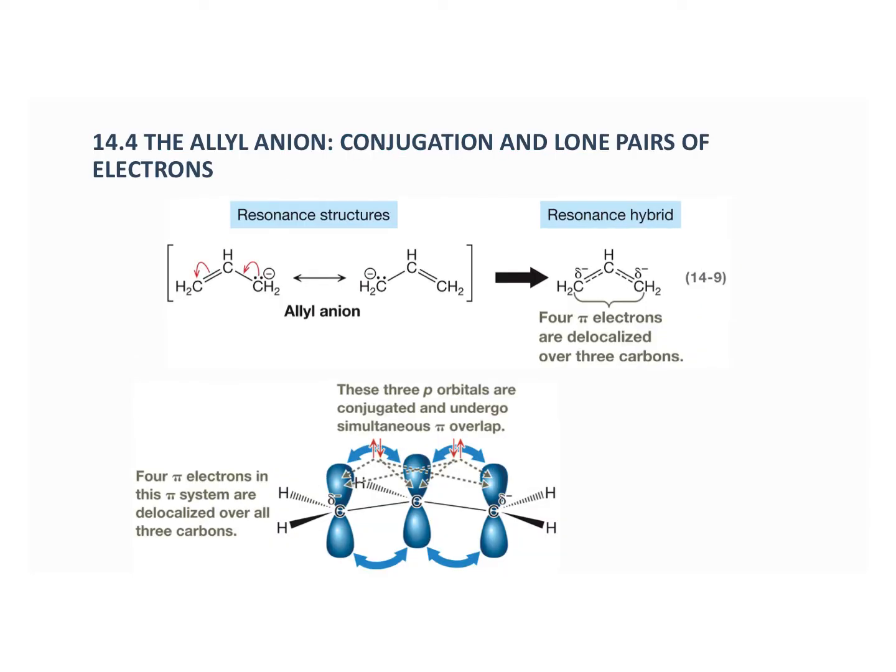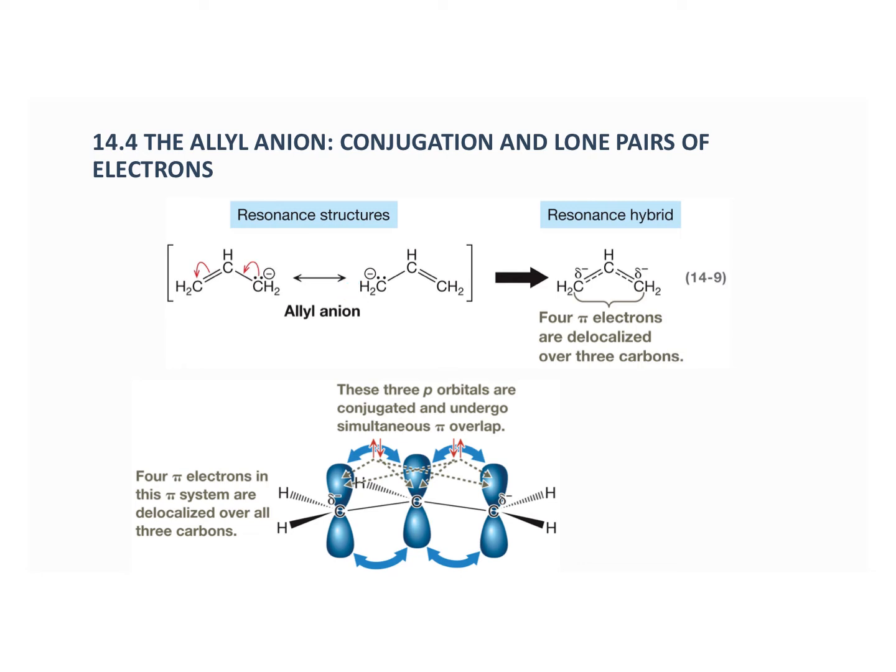Now, let's look at the allyl anion. In the Lewis structure of the allyl anion, a lone pair of electrons and a -1 formal charge appears on one carbon, and the double bond connects the other two carbons. And so we have two resonance structures.